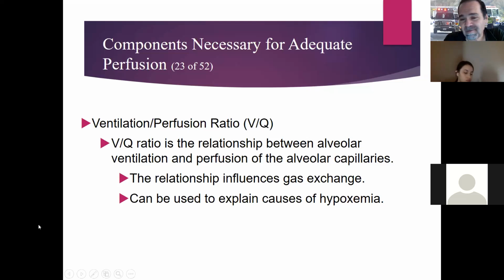It's just an example, but if for whatever reason you get an obstructed airway, the same thing happens. There's no oxygen going into your alveoli, and if you don't have a high concentration of oxygen in your alveoli, you cannot diffuse it into the capillaries. Remember, diffusion goes from an area of higher concentration to an area of lower concentration.